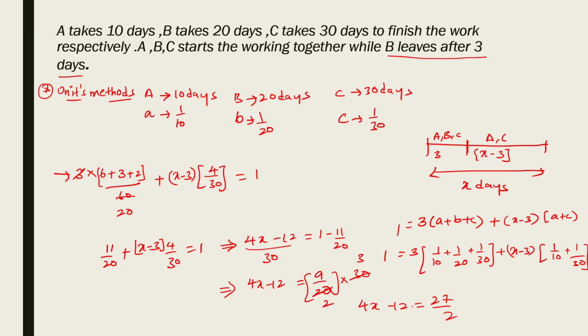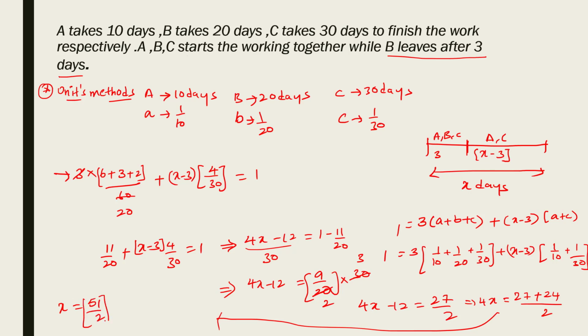So when you add the 12 here, that implies 4x is equal to 27 plus 24 by 2. I'm going to write it here because there's no space. So here x is equal to 27 plus 24 is 51 by 2 into 1 by 4, which is nothing but 51 by 8, which is 6 3 by 8 days.